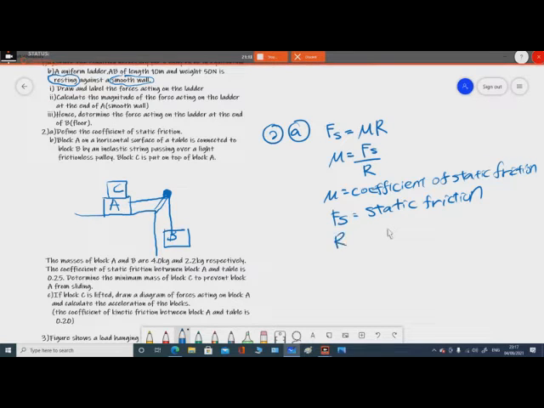R is the normal reaction for our system. This is the way we describe the definition for the coefficient of static friction. So let's move on to part B.